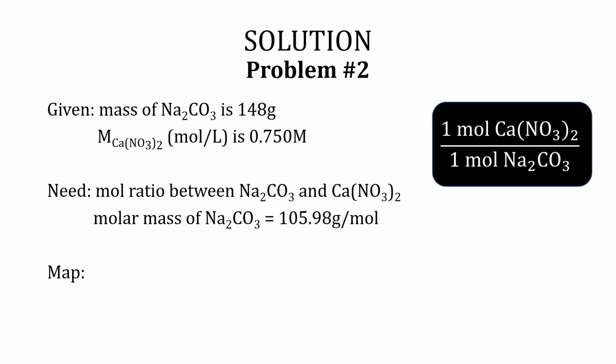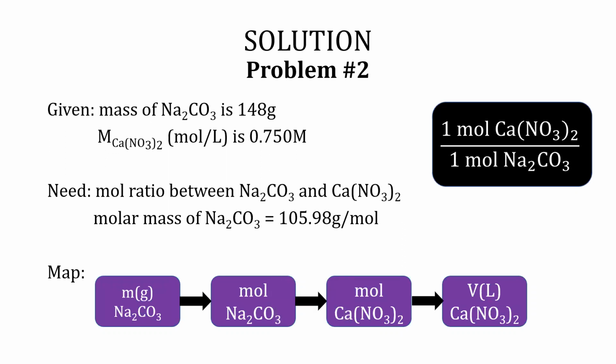The solution map begins with the mass of Na2CO3, and after dividing by the molar mass, obtains the moles of Na2CO3. Next, the moles of Na2CO3 is multiplied by the mole ratio above to obtain the moles of CaNO3.